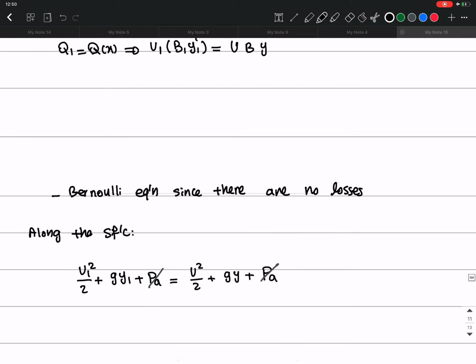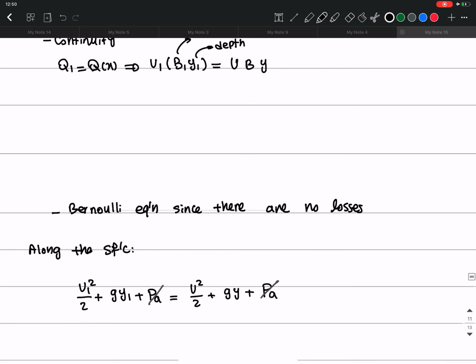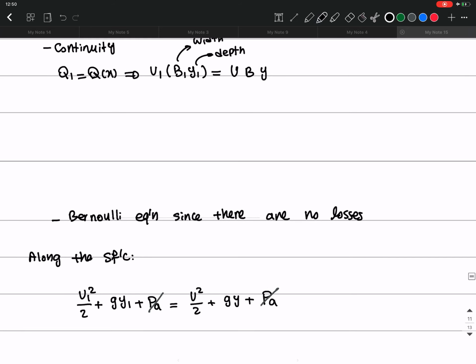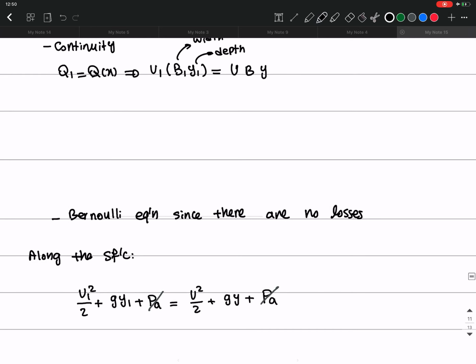And instead of u square, what I can do is write it in terms of u1. So we have from continuity u equals u1 times b1 over b times y1 over y, right? We have it from here.